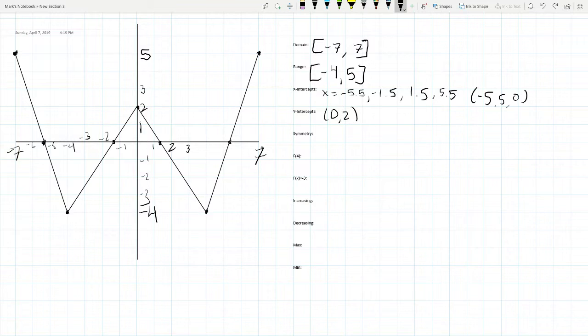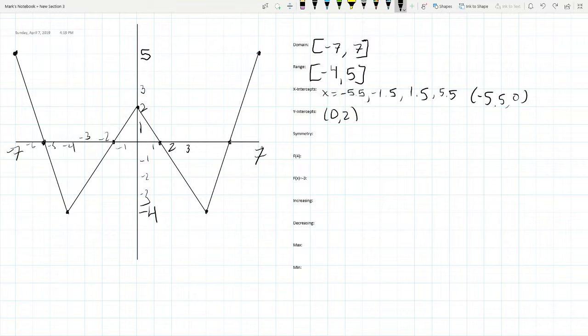All right, so now our symmetry. Remember, there are just 2 types of symmetry, odd and even. To remind you, even symmetry is when we have y-axis symmetry, so symmetry across the y-axis, and odd symmetry is when we have symmetry across the origin.